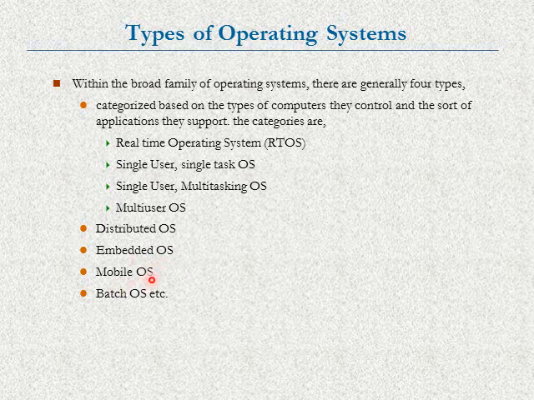Then we have the mobile operating system. We had some earlier versions of mobile operating systems, then we had Symbian, and now we have Android. All of you must be familiar with it, and they have enhanced the utility of handheld devices a lot. For mobile operating systems, you have to consume fewer resources. I hope you remember from the previous lecture that utilization of resources is one parameter when we talk about operating systems.